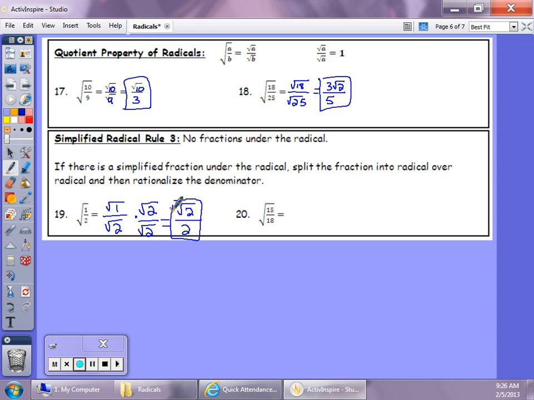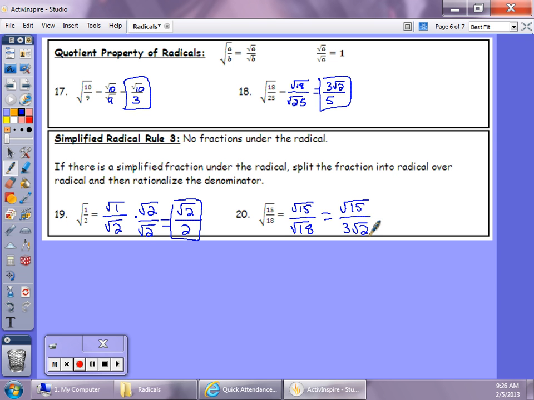Let's just take a look at one more example. So root 15 over 18 can first be simplified into root 15 over root 18. Okay, so root 15 is simplified. There are no perfect squares. But we know from the previous example that root 18 actually simplifies into 3 root 2.